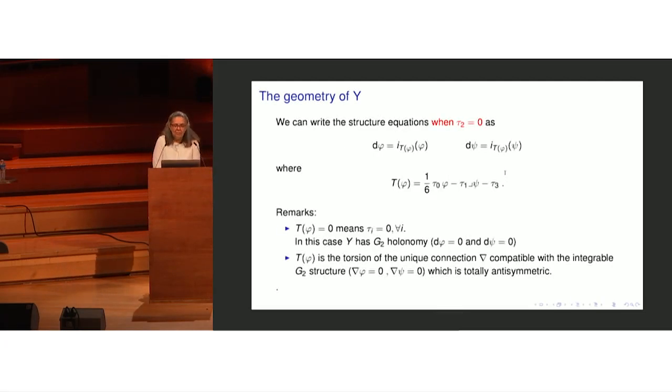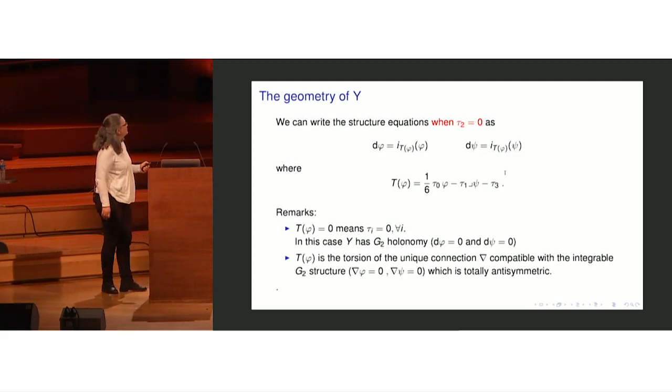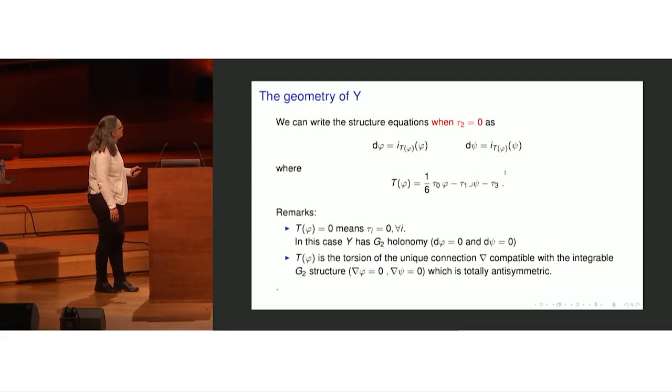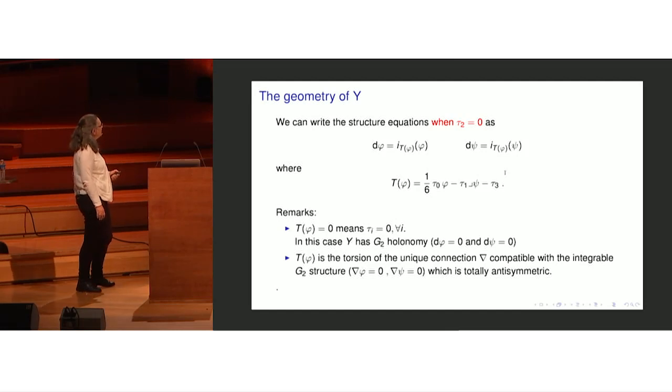We can rewrite these structure equations for the manifold when tau 2 is 0 compactly in this way. This is an insertion operator. It just means that you take this 3-form T and contract one index of the 3-form with phi or psi. This T contains the torsion classes that we had in the previous slide.